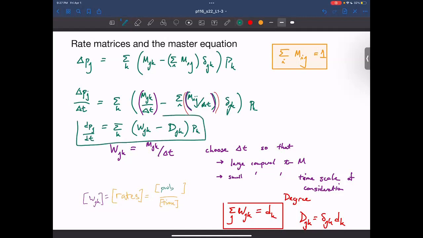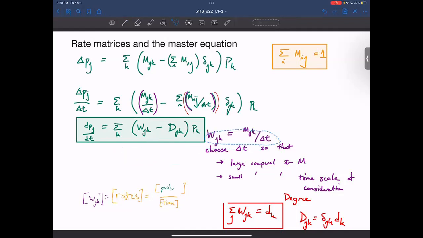This is our master equation. So called because so many important results have been derived from it. Yeah, no other reason, as far as I can tell anyways.